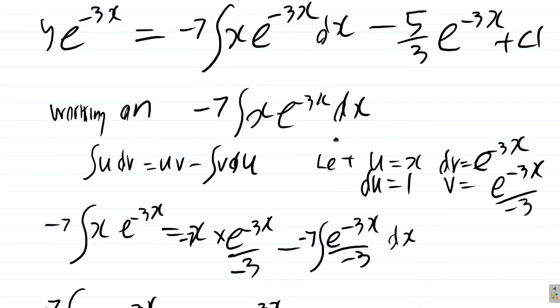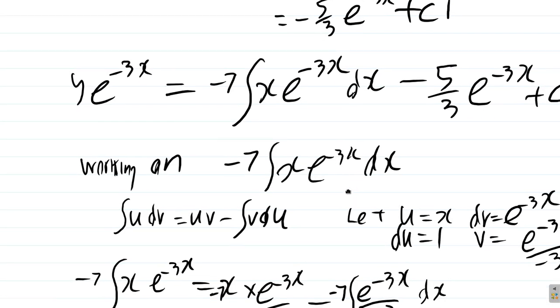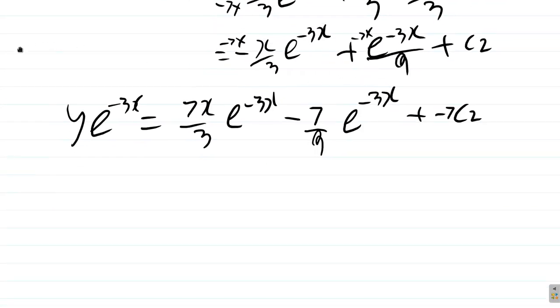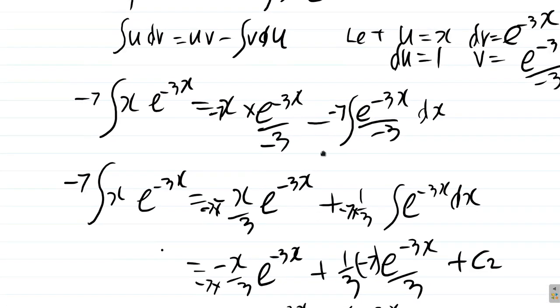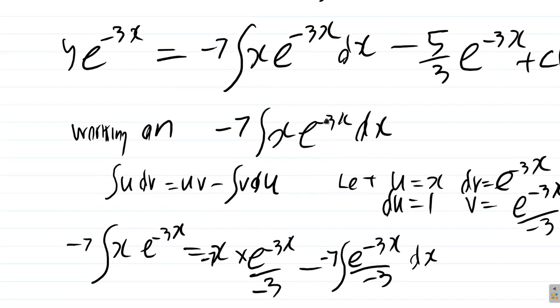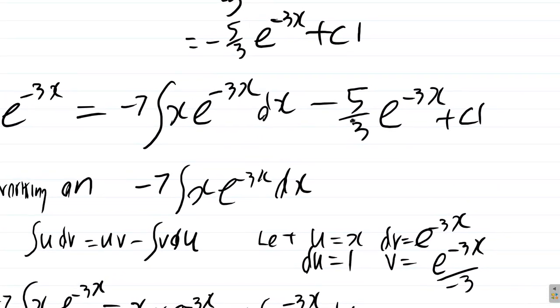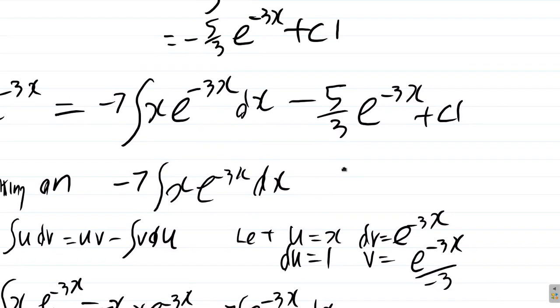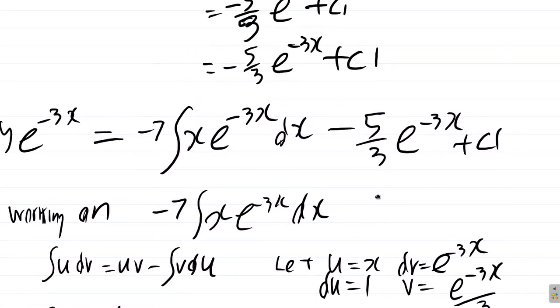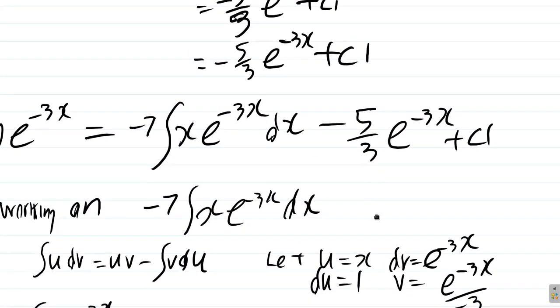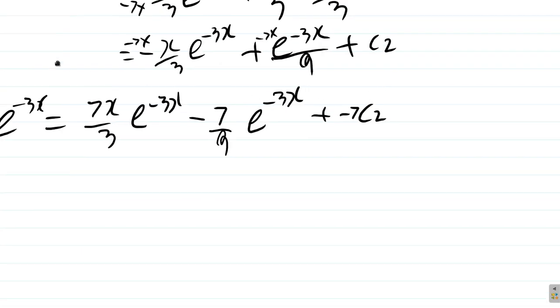So let's rewrite everything now. y e to the negative 3x is this, plus this part now, which is negative 5/3 e to the negative 3x plus c1.